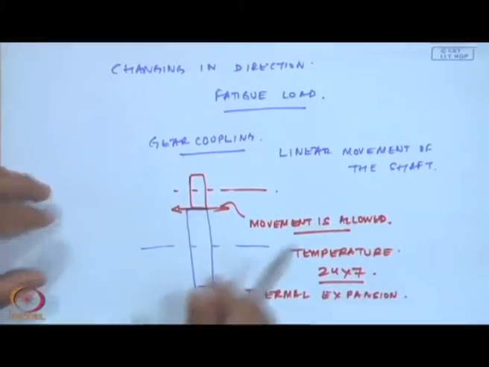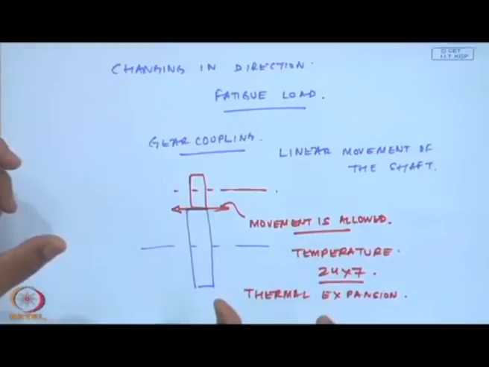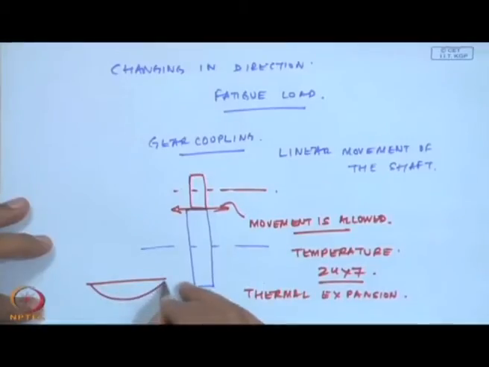Now, if both the driven unit and the driver unit were held rigidly, and the shafts underwent a thermal expansion, and there was no allowance for this expansion to be taken care of by a linear movement, the shafts are going to bend or bow.